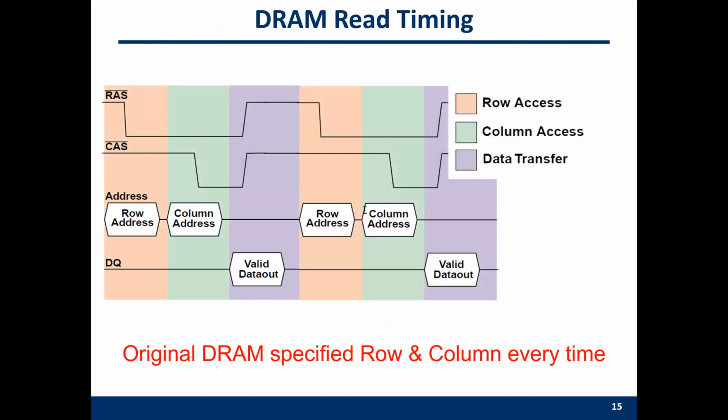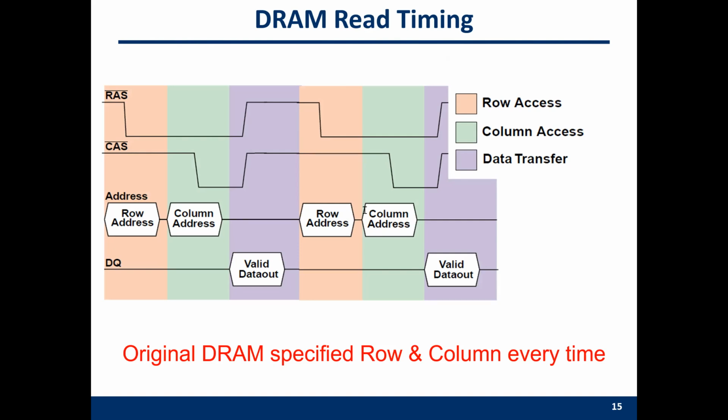Here is the timing of the readout. You first enable the row, and second, you send the column command.